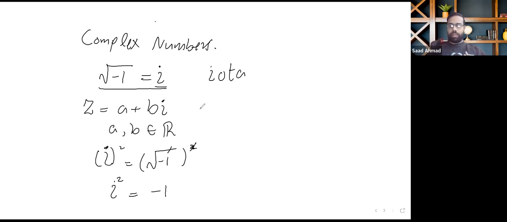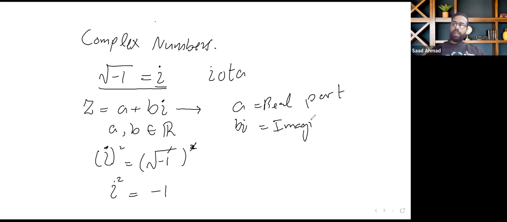When we have the complex number here, this a is called the real part, and the bi is called the imaginary part. So we got i squared as -1.